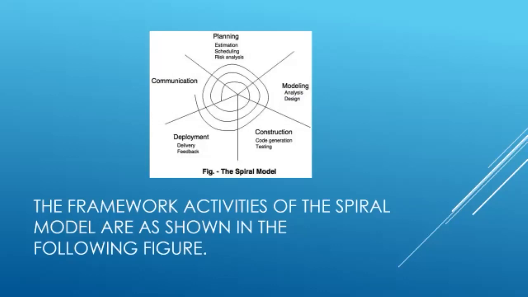In the communication, we are gathering all the information. In the planning phase, we are doing estimation, scheduling, and risk analysis. In the third modeling phase, we are doing analysis and design of the process. In the fourth construction phase, there is code generation and testing, and fifth deployment phase where delivery and feedback happen. That means product is delivered to the customer.